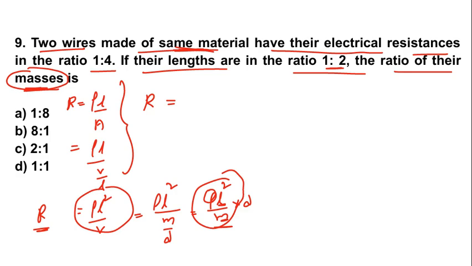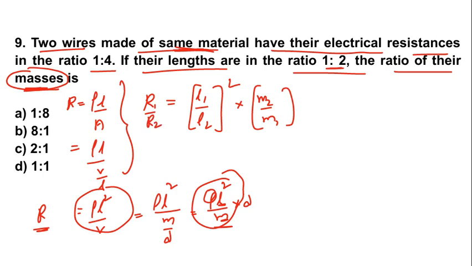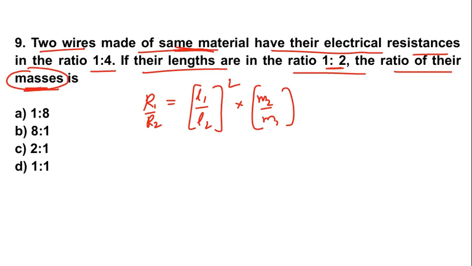Directly you can write R1 by R2 equals L1 by L2 whole square into M2 by M1. We have to calculate the ratio of masses, M1 is to M2.